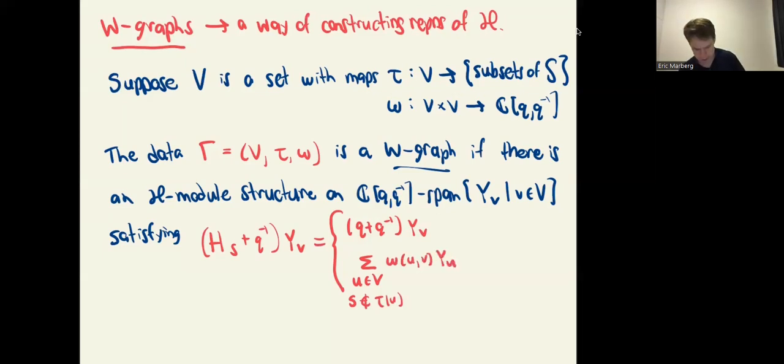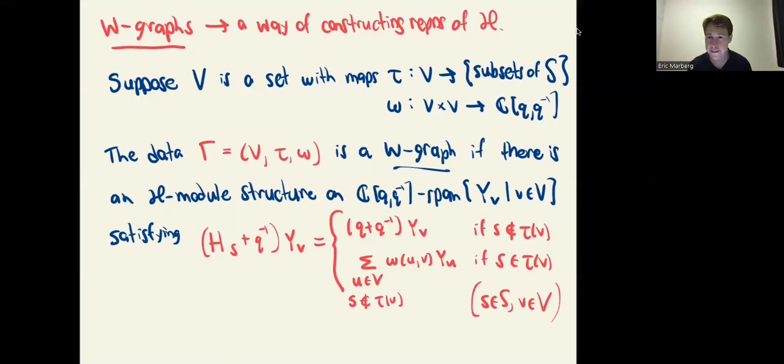The first case is if S is not in tau of V, and the second case is if S is in tau of V. And here, S is in S and V is in V.